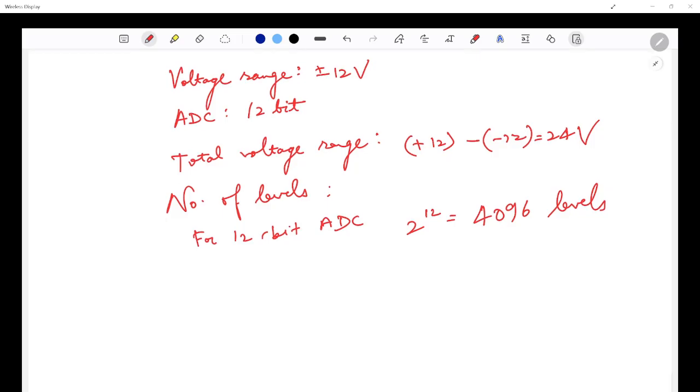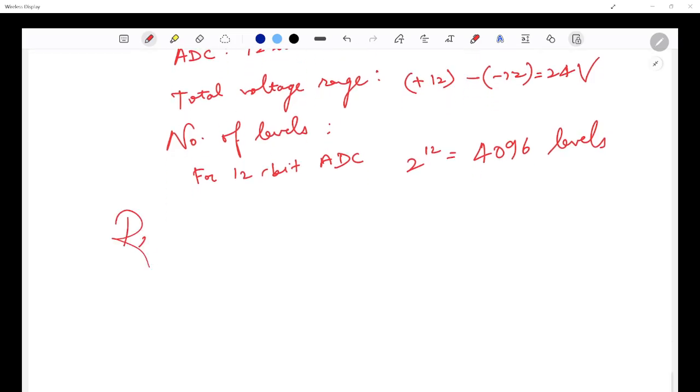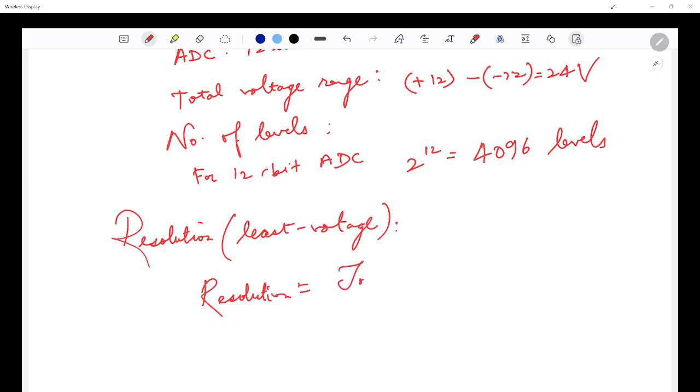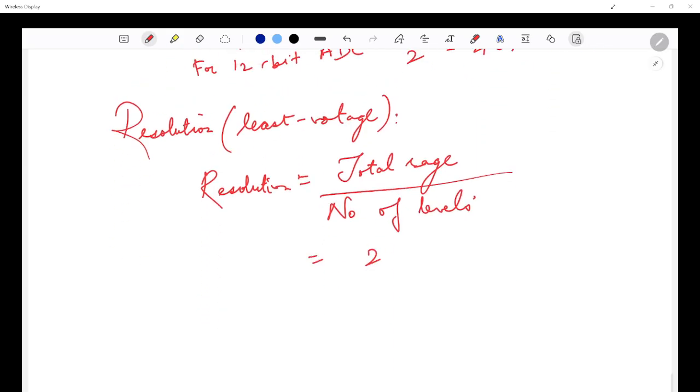So we want to know the least voltage that we can get. We'll find the resolution, which means the least voltage, and the resolution is given by total range upon number of levels. The total range that we calculated is 24 and the total levels is 4096.